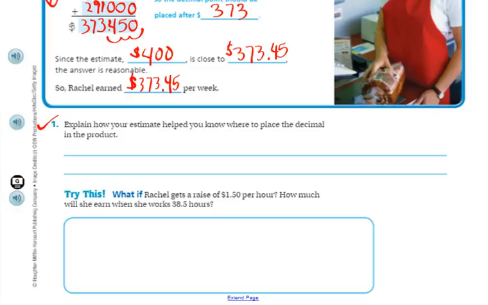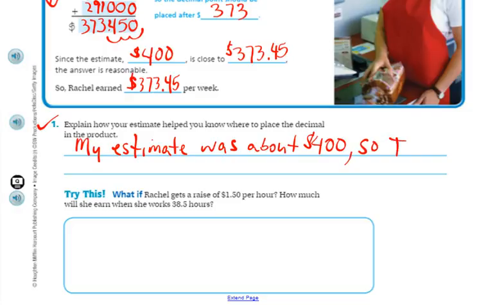Okay, so my estimate was about 400. Okay, so about $400.